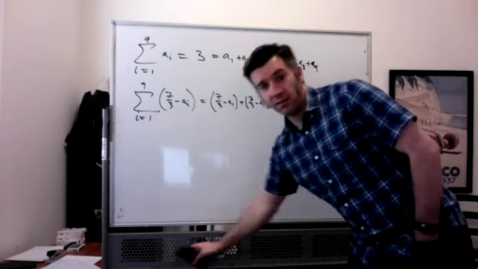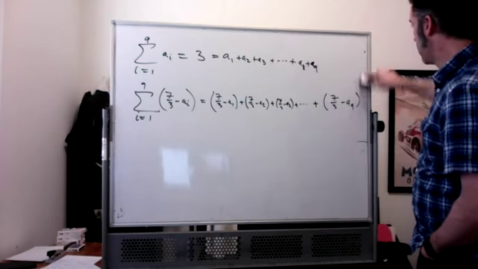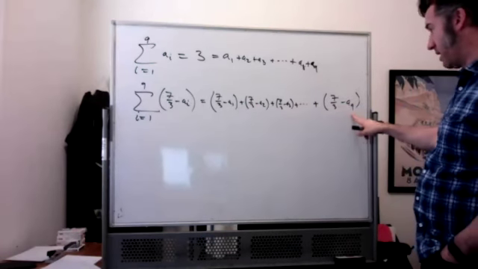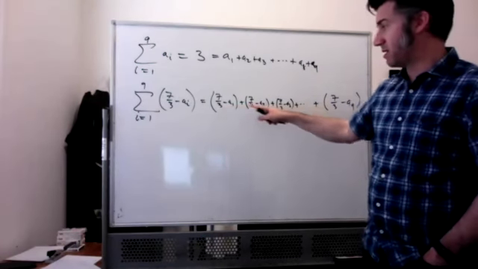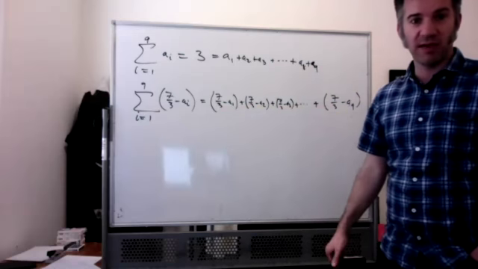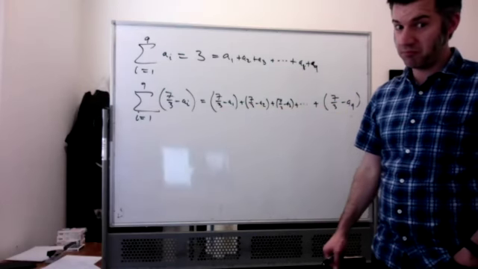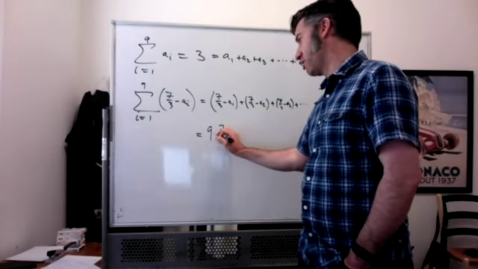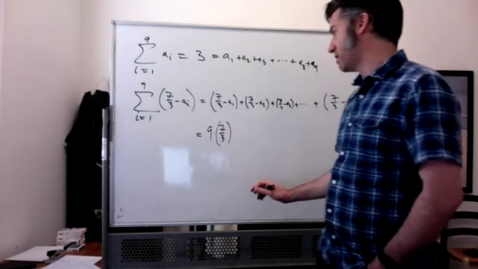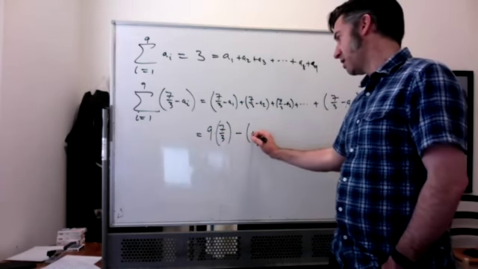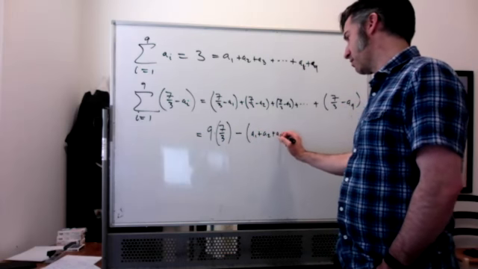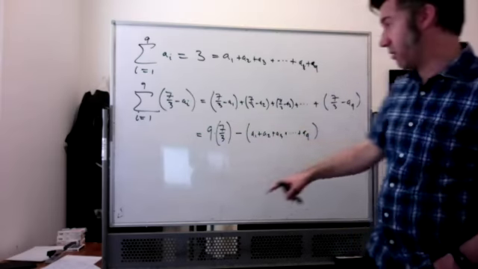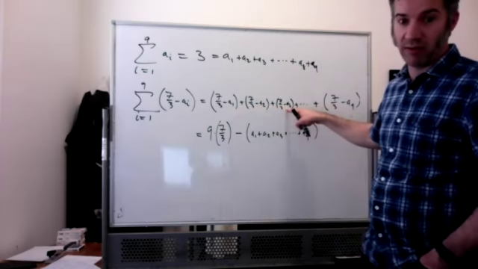Let me ask you guys, how many instances of 7/3 are there? How many 7/3 am I adding up together? 9. So I've got 9 times 7/3. And then I've also got minus a1 plus a2 plus a3 all the way to a9. I factored out the minus sign.